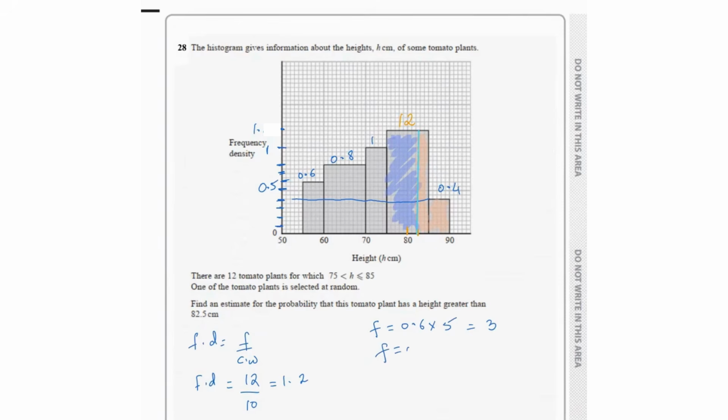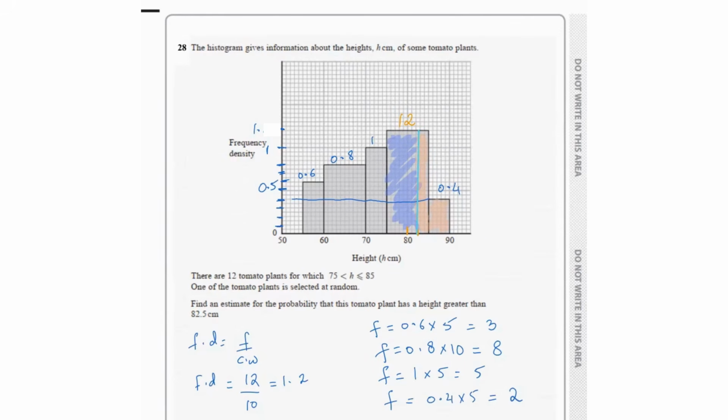For the next one, it's 0.8 times 10, which is 8, because the interval is 70 minus 60. For 70 to 75, 1 times 5, that's 5. And from 85 to 90, 0.4 times 5, which is 2.